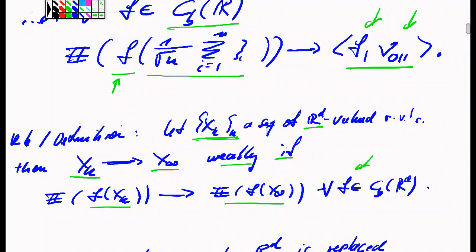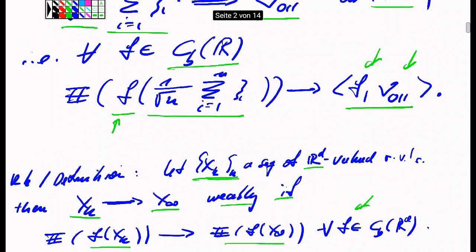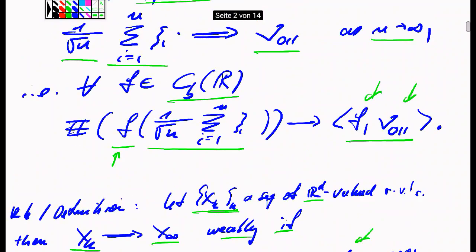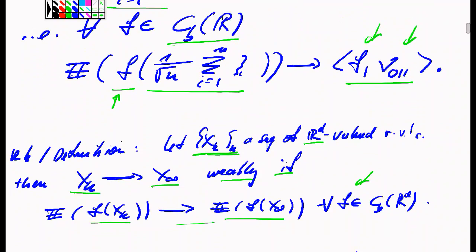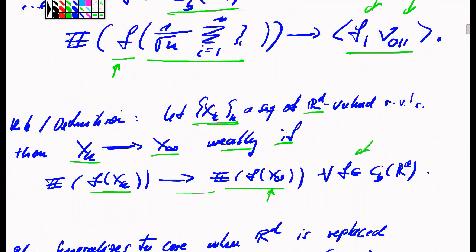So in that regard, this convergence of these scaled partial sum variables towards the standard normal distribution is exactly an instance of weak convergence of random variables, because here the random variable that you would pick would be any standard normally distributed random variable x infinity.